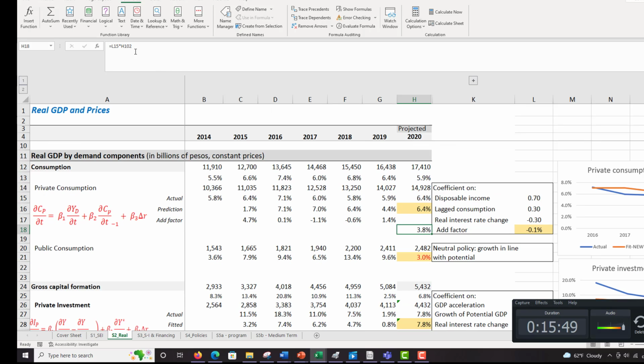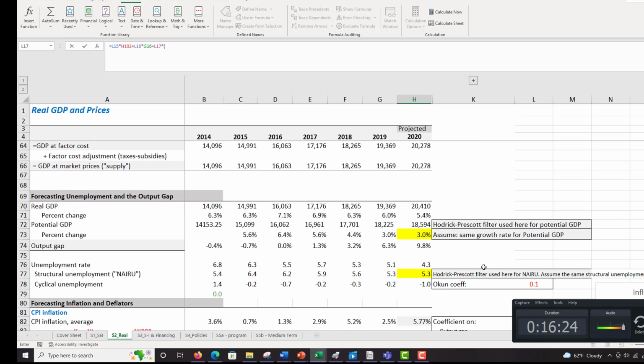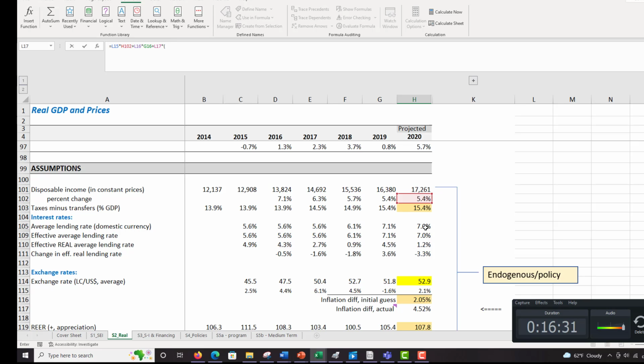But it turns out that that's not the end of the story, because we also have to add on 0.3 times the lag growth of consumption. So since we're projecting 2020, we have to take lag consumption as 2019, and then the third thing that we have to have is 0.3 times, and then I believe that what we're going to do is we're going to take the real interest rate here, average lending rate. So here we go, change in the average effective lending rate.